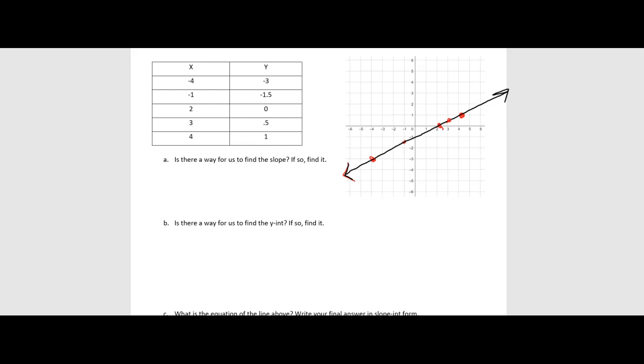We could pick 2 points that fall exactly on the corners of these boxes. So for instance, we could use these 2 points, (-4, -3) and (2, 0). I just didn't quite put it on 2.